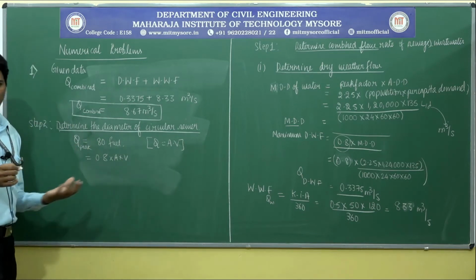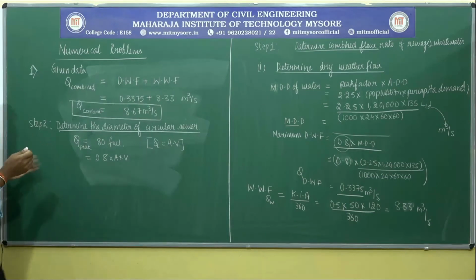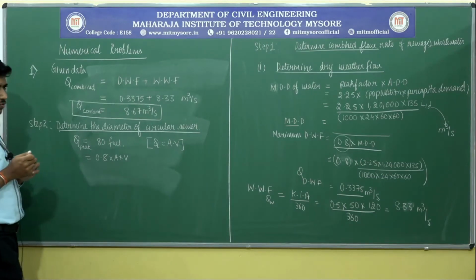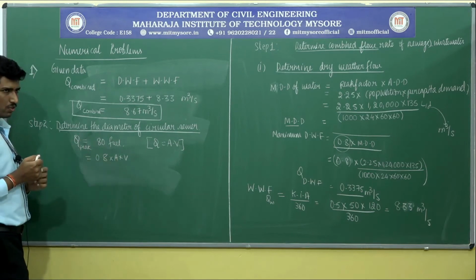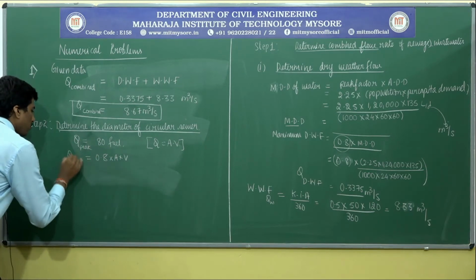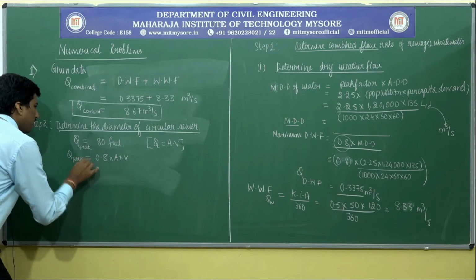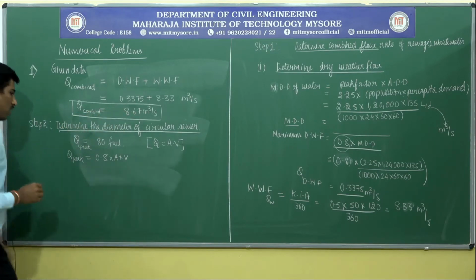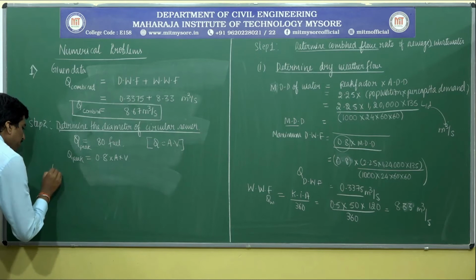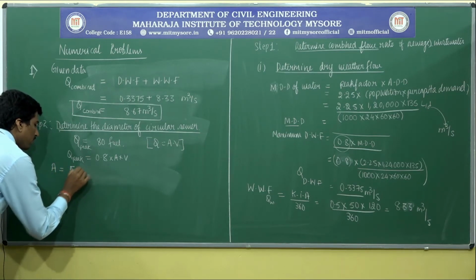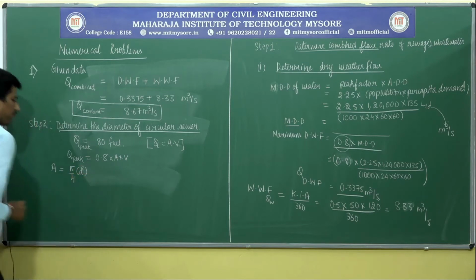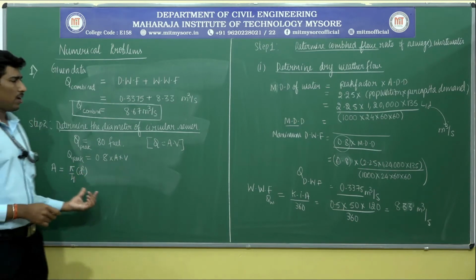Here I want to find the area and also the velocity. This is the Q peak, which is given. Area is given as pi by 4 into d square. This is the normal part.